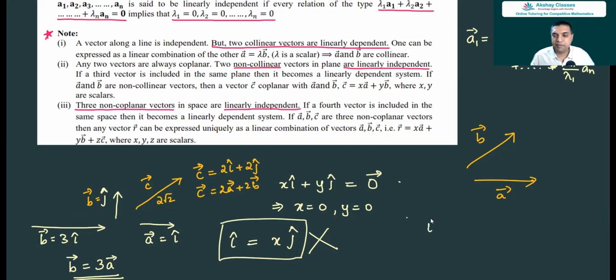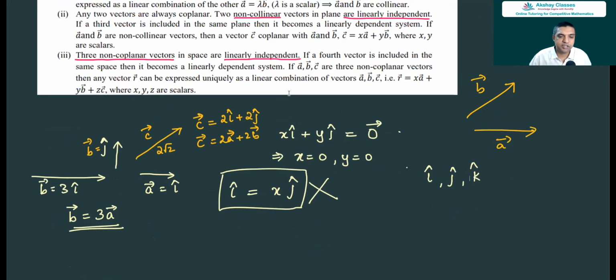So i cap, j cap, k cap form a linearly independent system. I, j, k cannot be written in terms of each other. But a fourth vector can be written in terms of i cap, j cap, k cap. So this is the concept of linear dependence and linear independence.